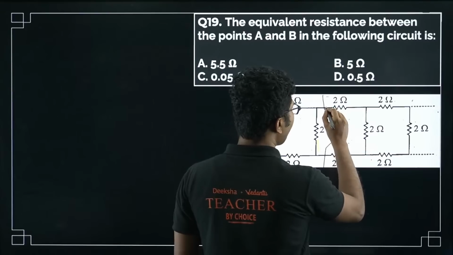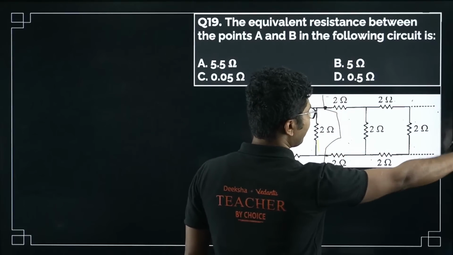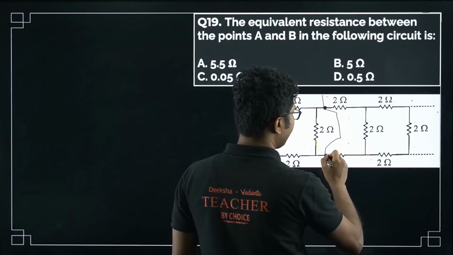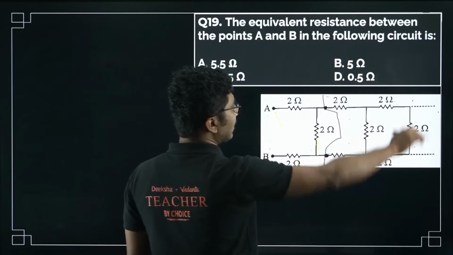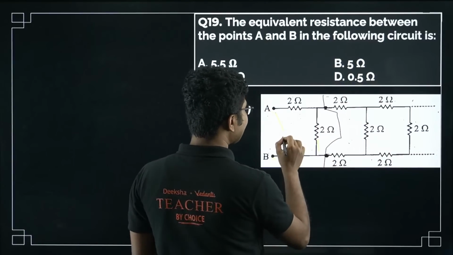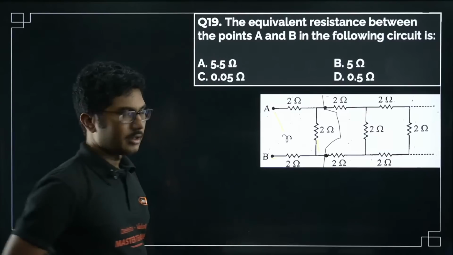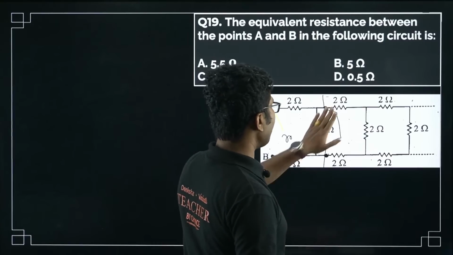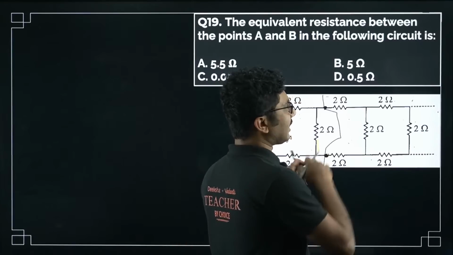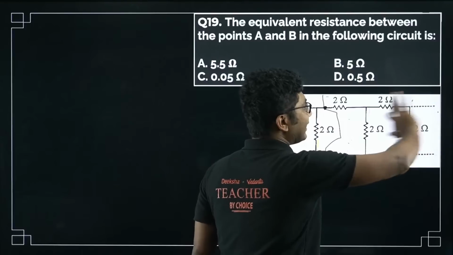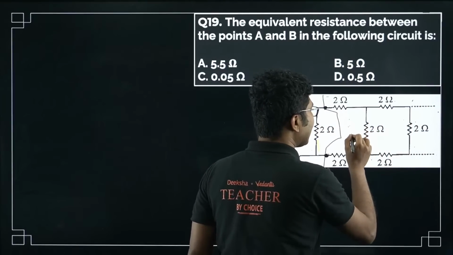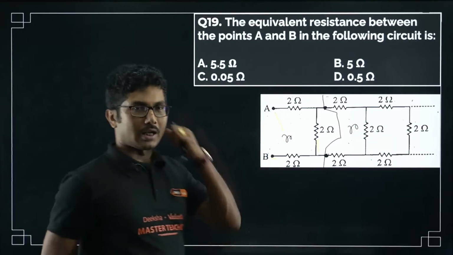I will look from this point of view, from here to here. Now suppose the initial equivalent resistance of the entire circuit is small r. Now if I cut this portion out, because the circuit is infinitely long, this entire circuit will also have the equivalent resistance small r, right?